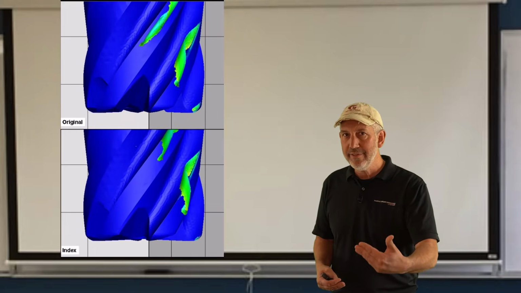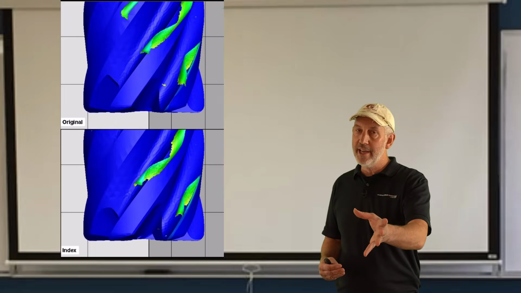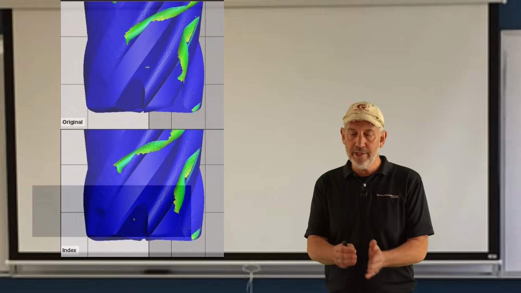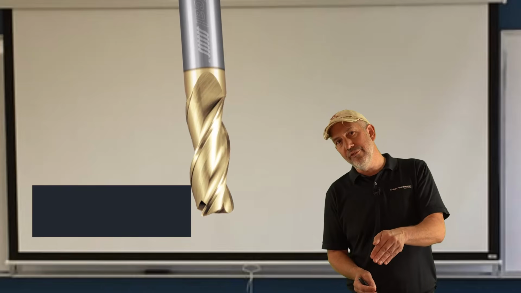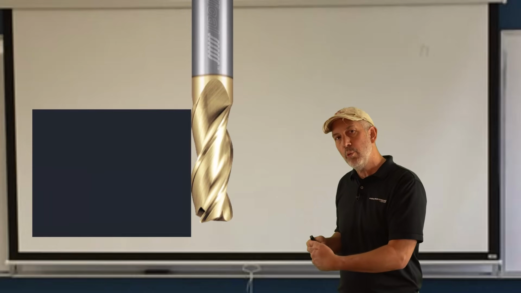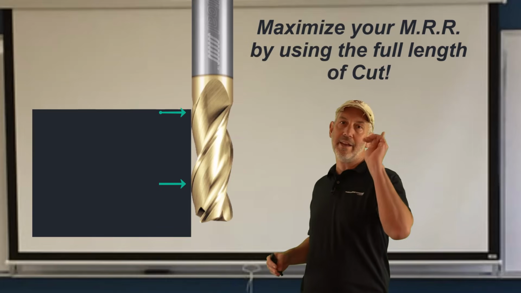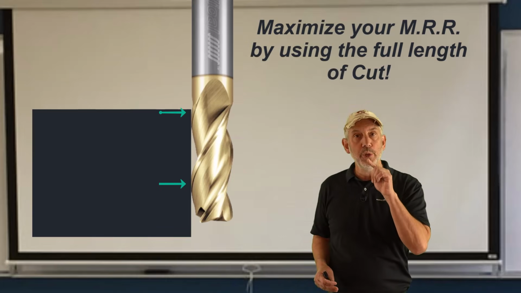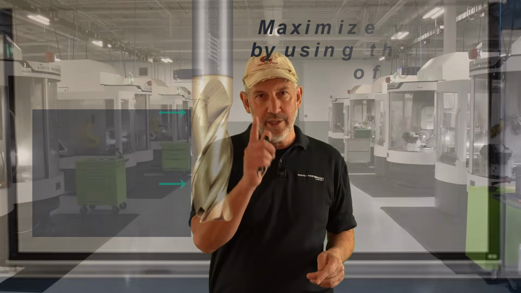And everybody understand something: I know it is carbide, it's very rigid, but that tool is still under load and it is still deflecting. If we can stabilize the cutter by putting more than one flute in the material at one time, you don't get that spring back. If you don't get that spring back, you don't get vibration. And if you can stabilize that cutter, it's going to stabilize your tool when it's cutting.